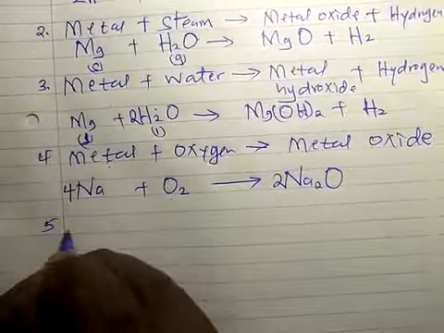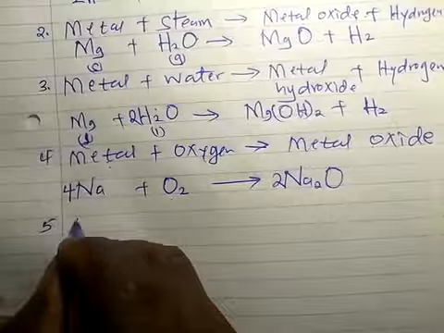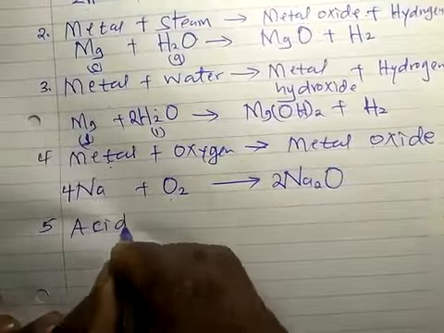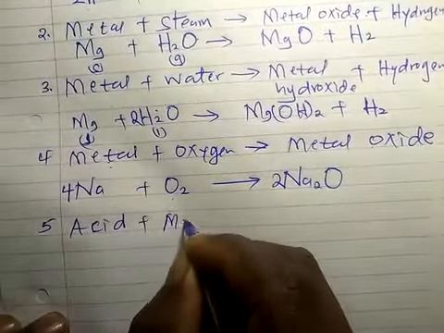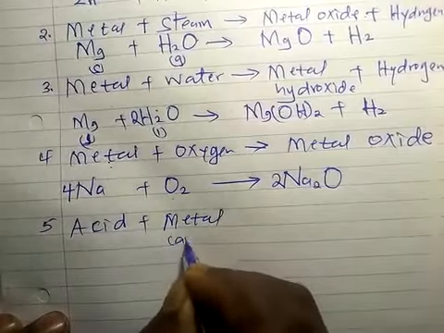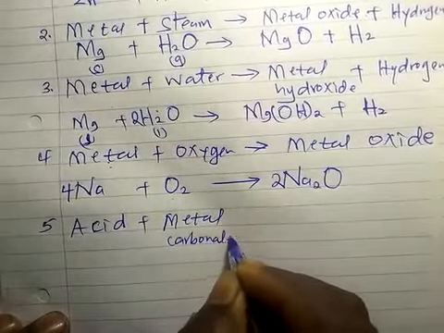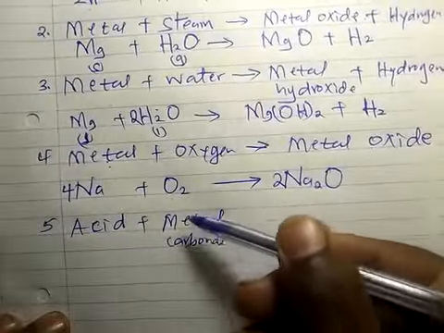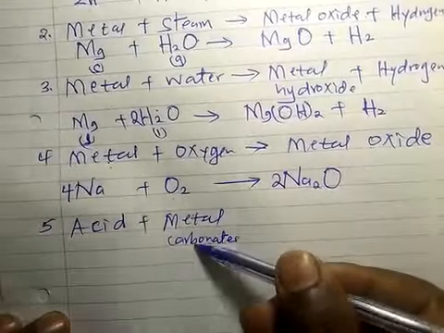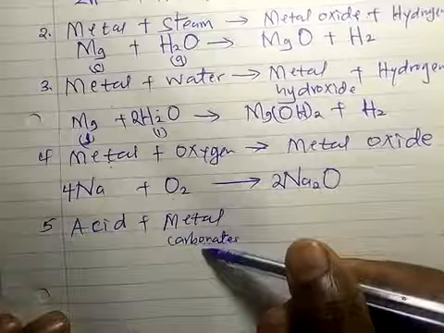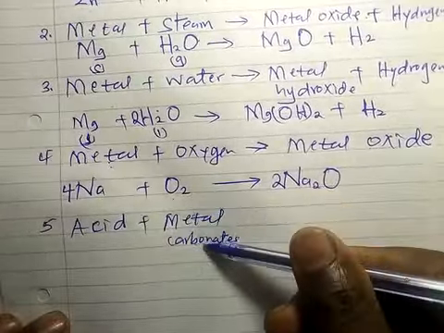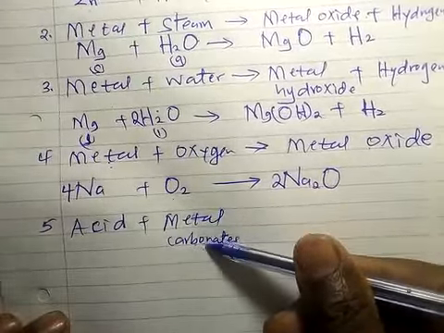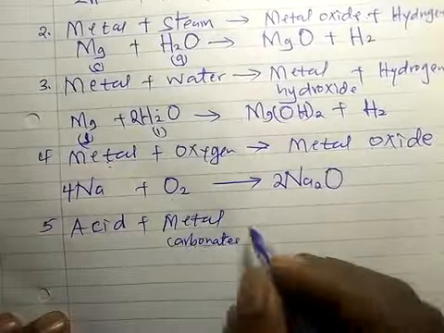Number 5, you should know that an acid plus metal carbonates. Examples of metal carbonates are zinc carbonate, sodium carbonate, magnesium carbonate, aluminium carbonate, although we don't have that.